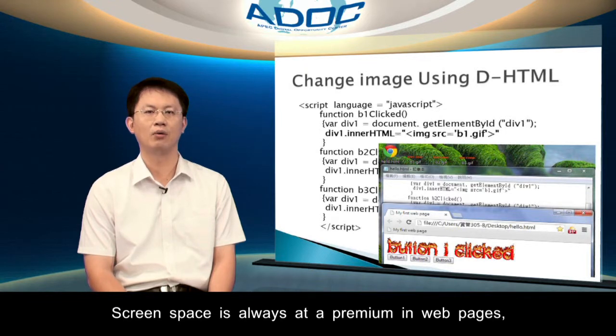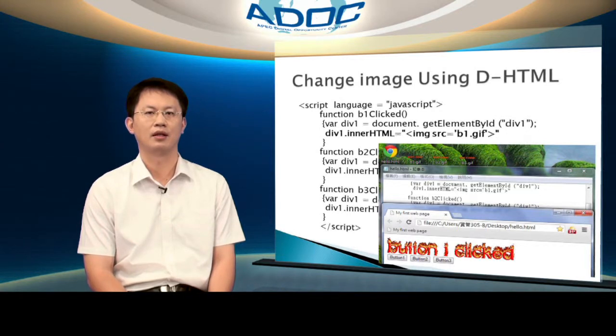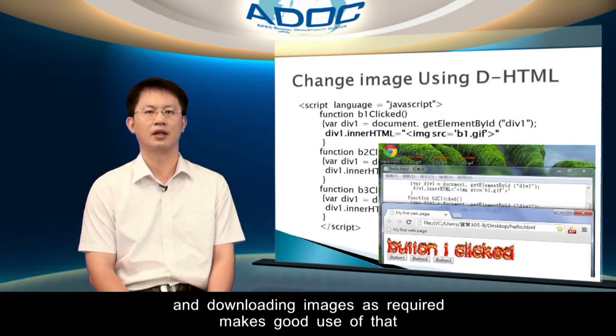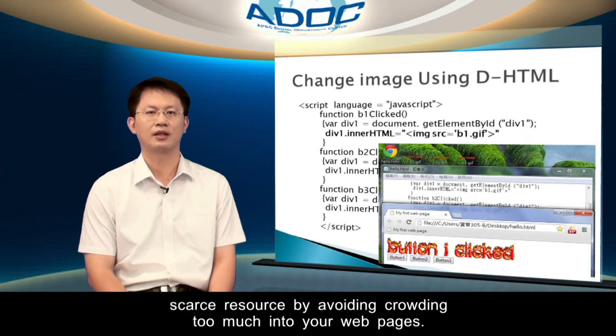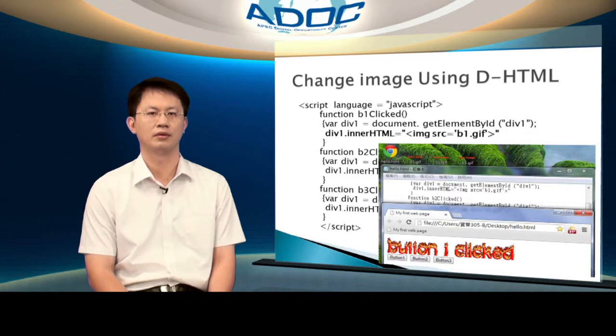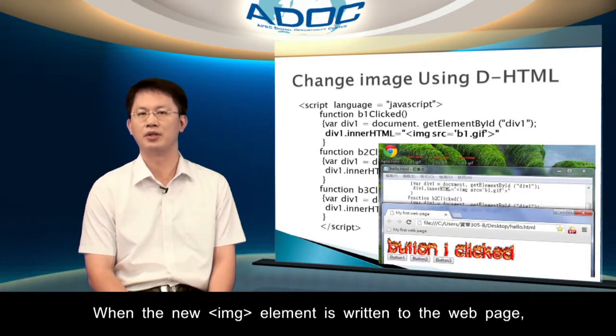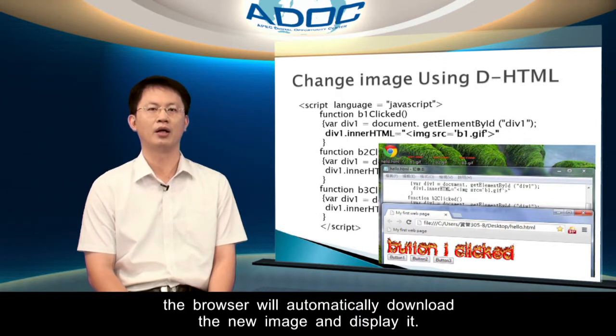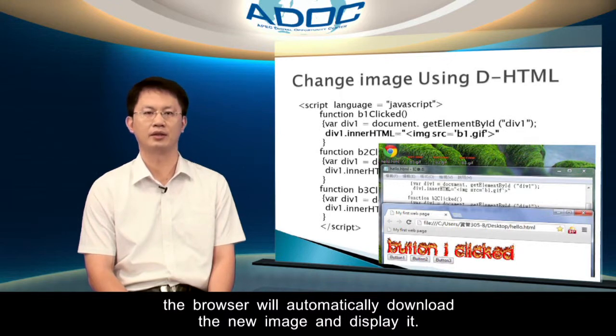Screen space is always at a premium in web pages, and downloading images as required makes good use of that scarce resource by avoiding crowding too much into your web pages. When the new image element is returned to the web page, the browser will automatically download the new image and display it.